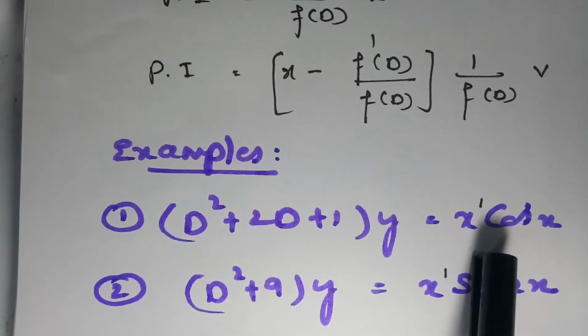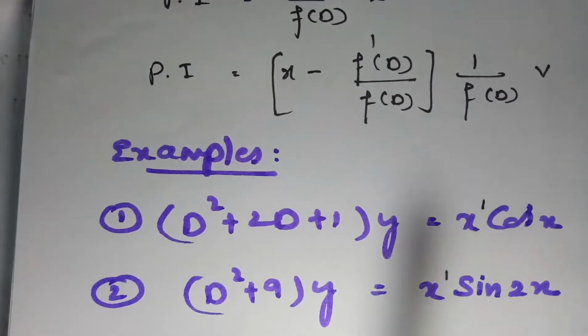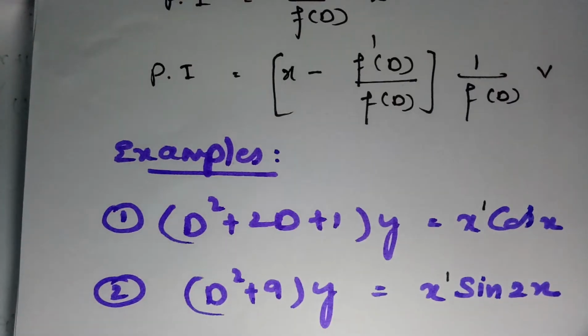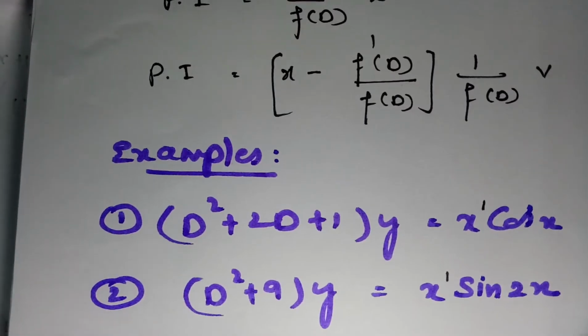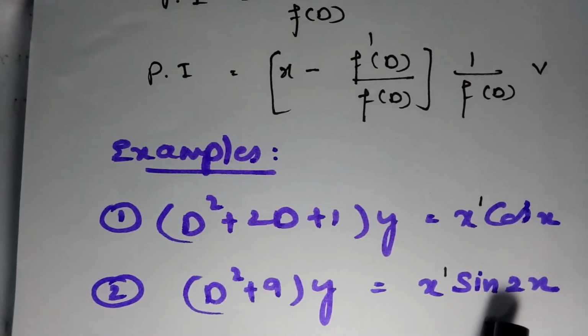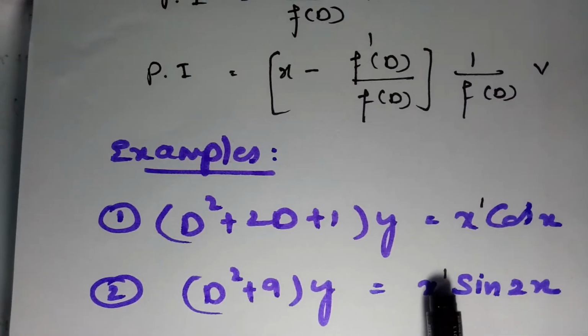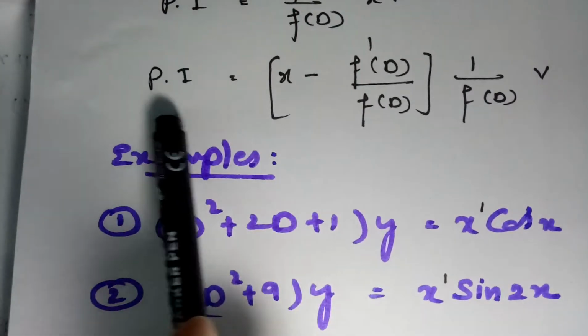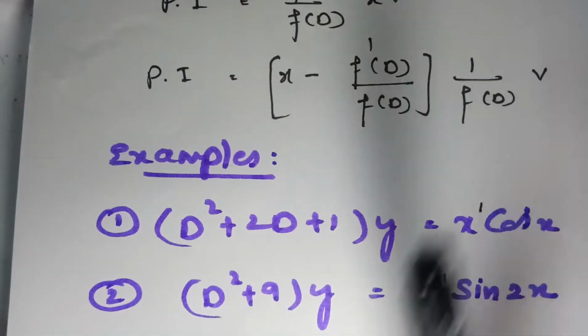In method 5, it is of x^m into v. And in the sixth method, it is x^1 into v. So this is how we have to select the method, depending upon the question. So it is x^1, and we have to solve the particular integral using this formula.